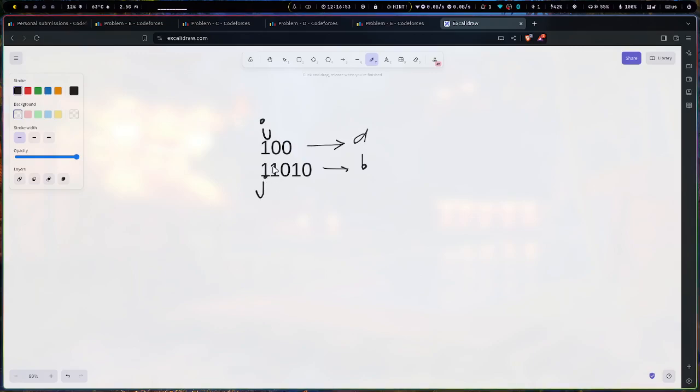We need to just check whether the numbers which are coming here are present somewhere forward. If we are going forward here, we also need to go forward here. Suppose the string is 0 1 1 0 1.